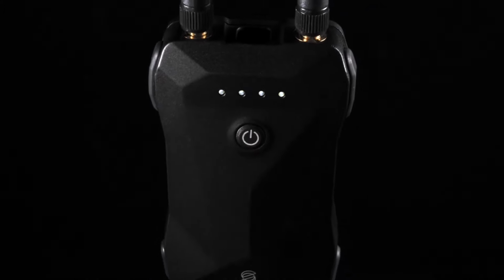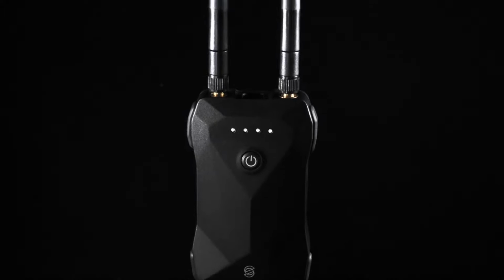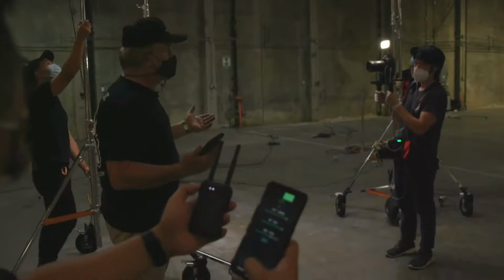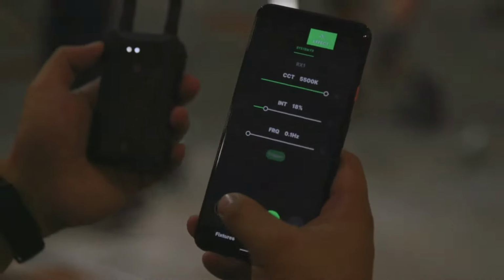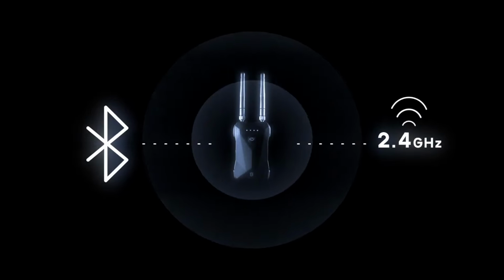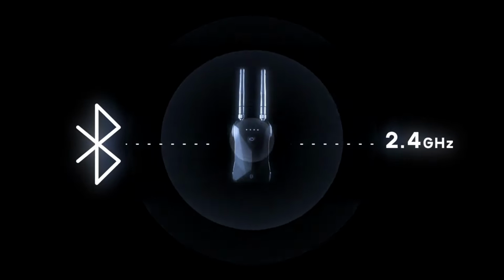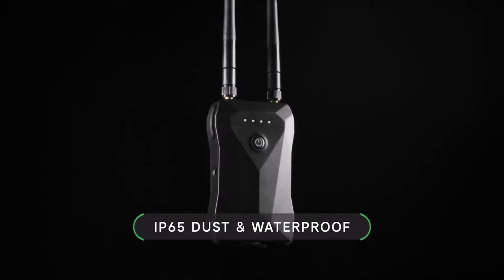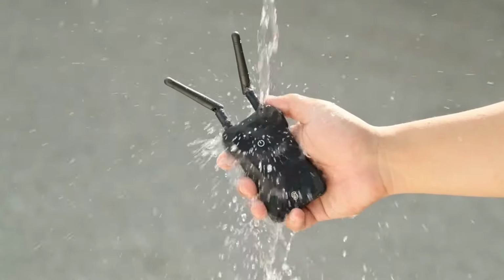Finally, if your light doesn't have Bluetooth, don't worry, we've still got your back. With Sidus Bridge, even older Aputure lights can be connected to your phone. You just need a fixture with remote control, and Sidus Bridge acts as a translator, converting Bluetooth into a standard 2.4 remote control. With an IP65 dust and waterproof design, Sidus Bridge is built to last.